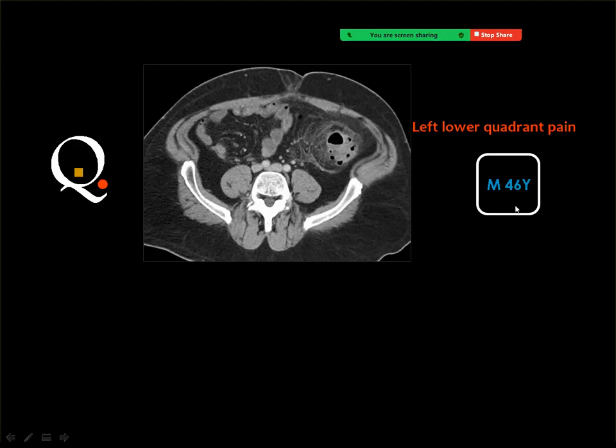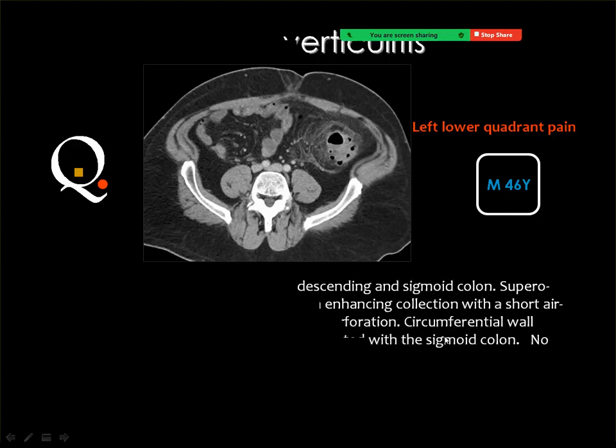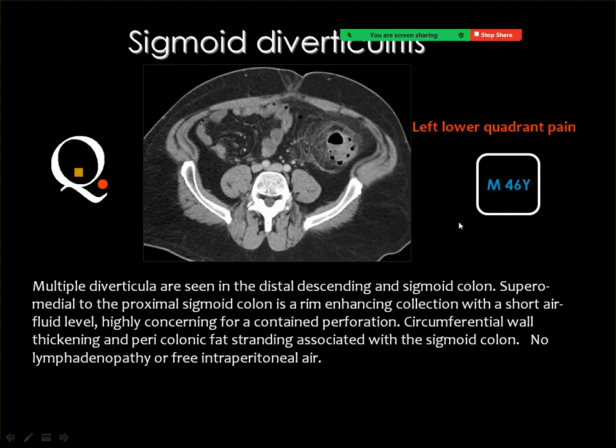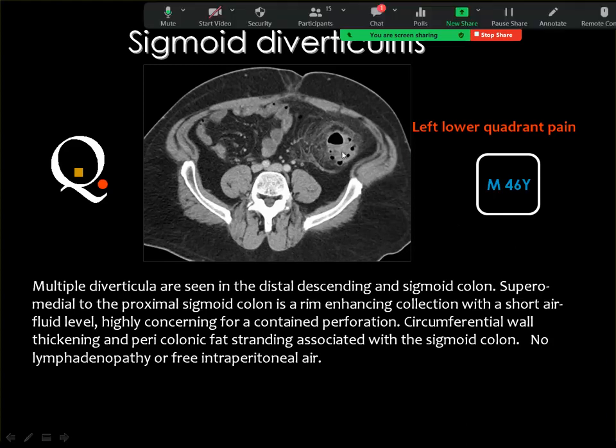Next case is a male, 46 years old, with left lower quadrant pain. Diverticulitis. Yes, and this is sigmoid diverticulitis. The sigmoid colon has a relatively thickened wall. You should see patent diverticuli containing air to settle down this diagnosis.